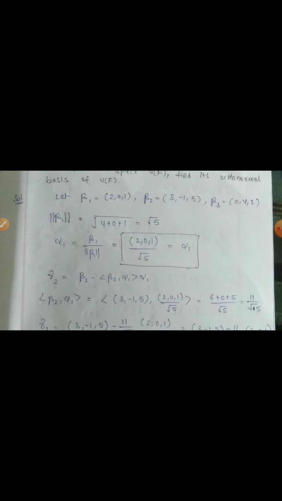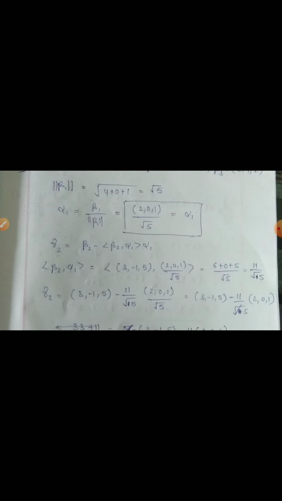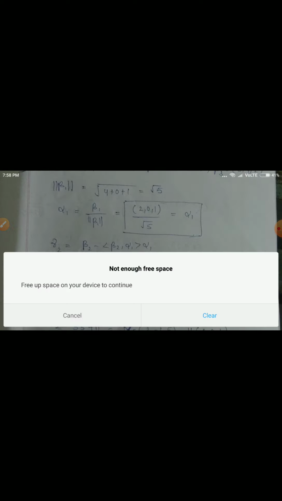Now gamma 2 equal to beta 2 minus inner product of beta 2 and alpha 1 times alpha 1. Now, the inner product between beta 2 and alpha 1 equals the inner product between the vectors (3, minus 1, 5) and (2, 0, 1) by root 5.